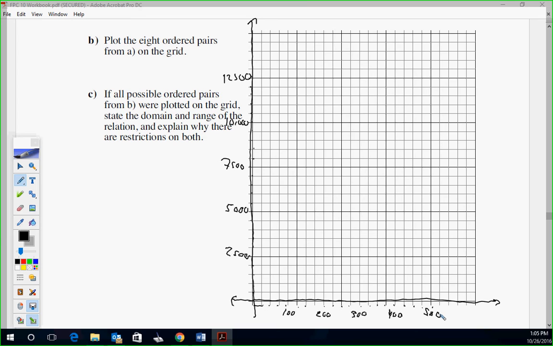100 is 2,500. Right there. 200 was 4,500. 250, so that would be right there, was 5,500. 300 was 6,500.